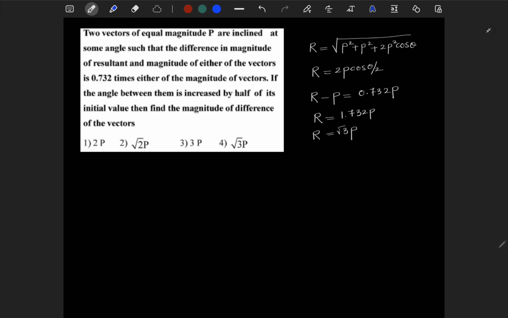If the angle between them is increased by half of its initial value, let's find out the angle between these two by substituting this here.